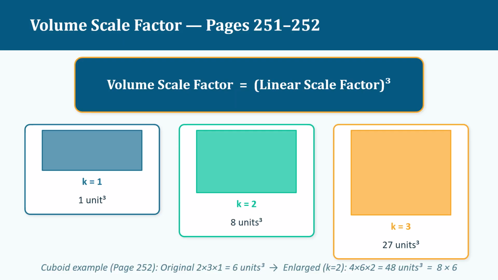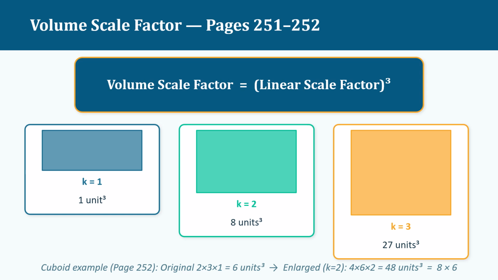Now let us look at the volume scale factor. The volume scale factor is the linear scale factor cubed. Suppose we have a cube, 1 unit by 1 unit by 1 unit, and then we increase each dimension by a unit to get to the second cube, which is 2 units by 2 units by 2 units.